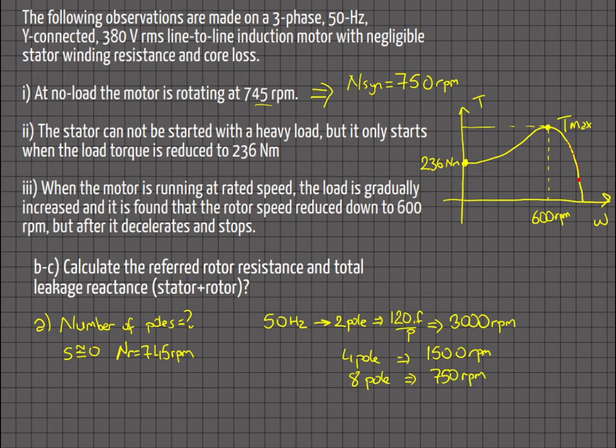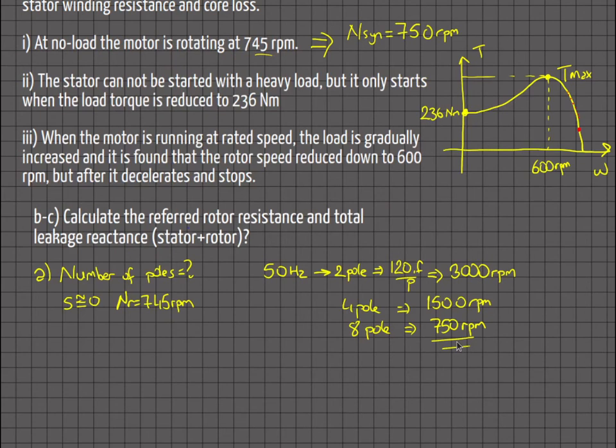If it is rotating at 745 rpm, it should be really close to the synchronous speed. So it doesn't seem realistic to have a two pole machine, where the synchronous speed is 3000 rpm, but it is rotating at 745 rpm. The most convincing value, and of course you cannot have an odd number or a fractional value.